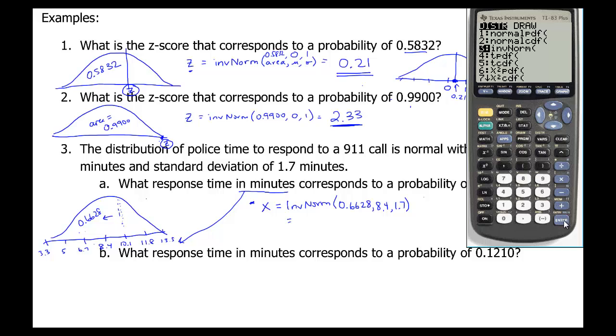Distributions, inverse normal, 0.6628 for our area, 8.4 for the mean, and 1.7 for the standard deviation. And that gives us a value of x of 9.11 minutes.